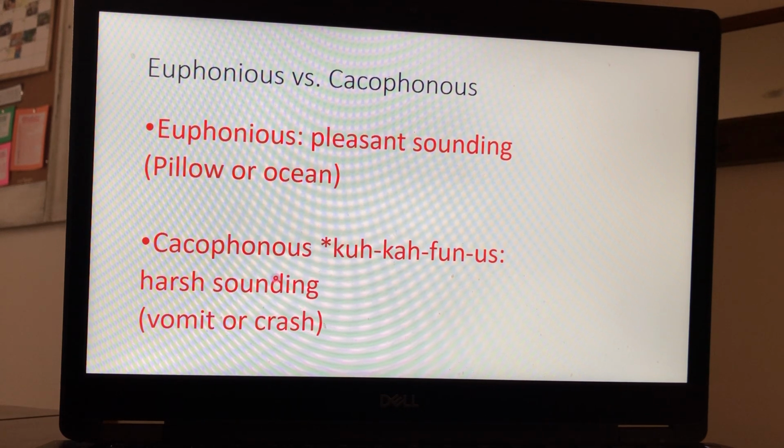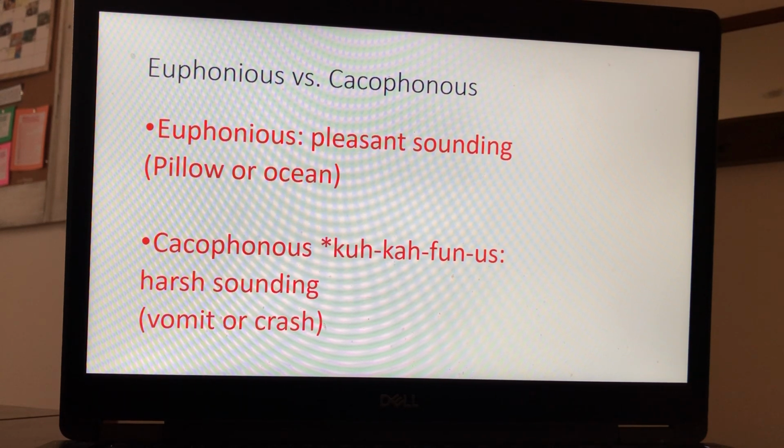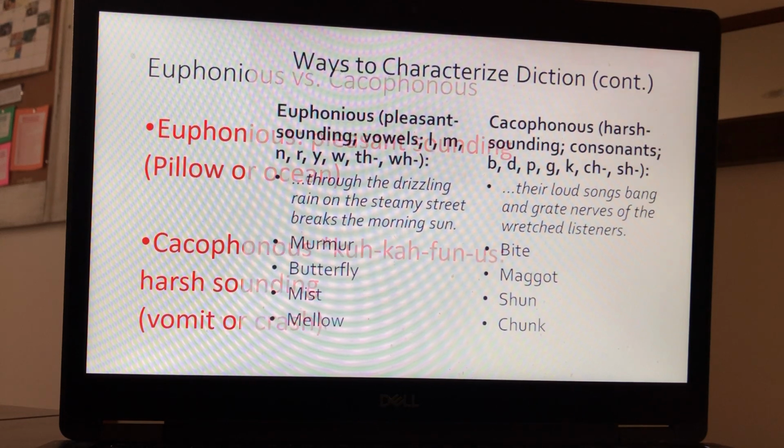Cacophonous are harsh sounding words. Vomit, right, like vomit, or crash. Cacophonous might be a lot of onomatopoeia words. We talked about that during Gatsby, right? Words that sound like the words they're describing. So crash or smash or bang. And so those are two ways that you can describe diction.